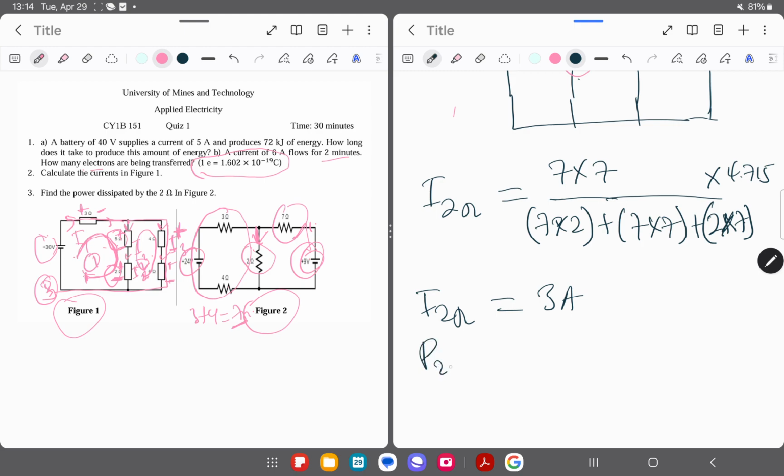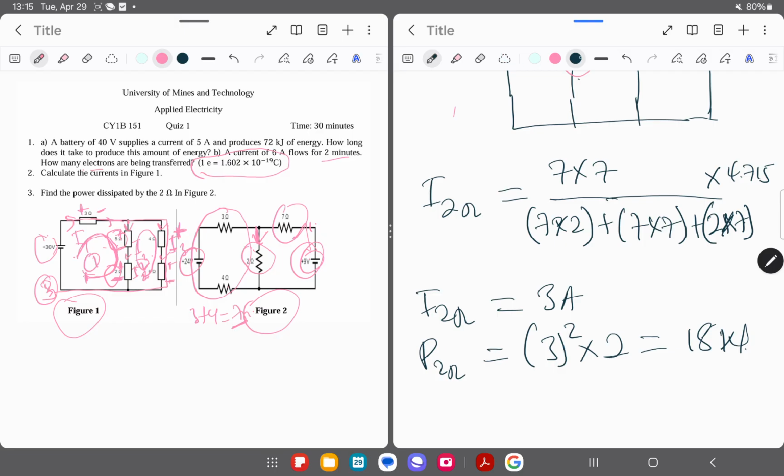So now the power here is going to be the current, which is 3, squared, times the resistance, which is 2. So that will be 18 watts.